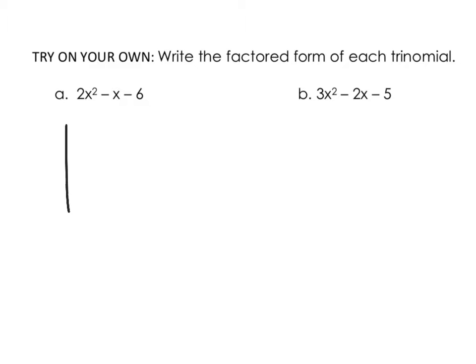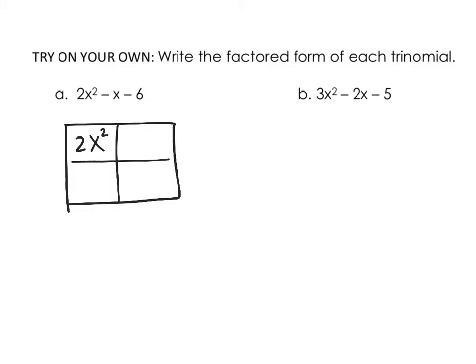So if I go straight to my box, I had to multiply to be a 2x squared, and I needed to multiply to be a negative 6. Those diagonals had to end up to add to be a negative 1x. So first off, what multiplies to be 2x squared? Well, that would be a 2x times a 1x.